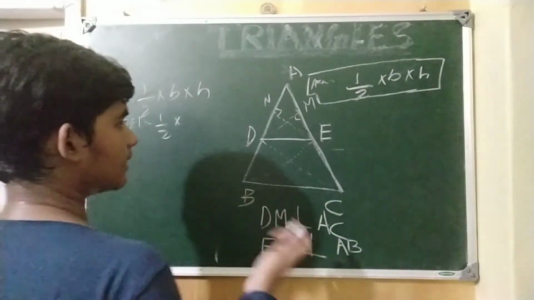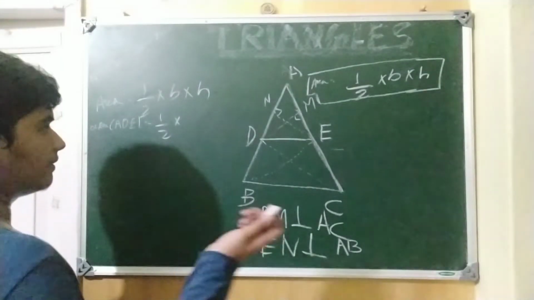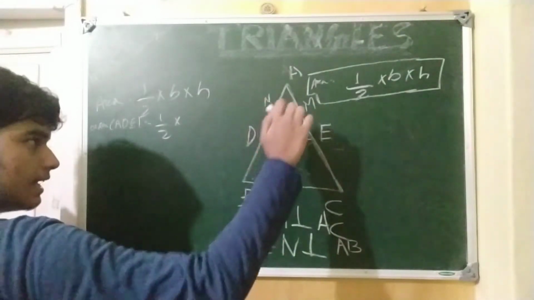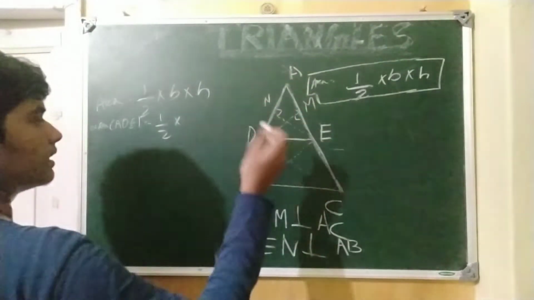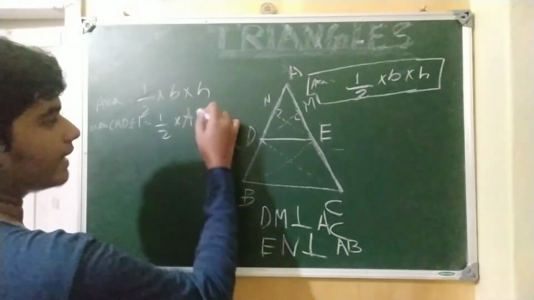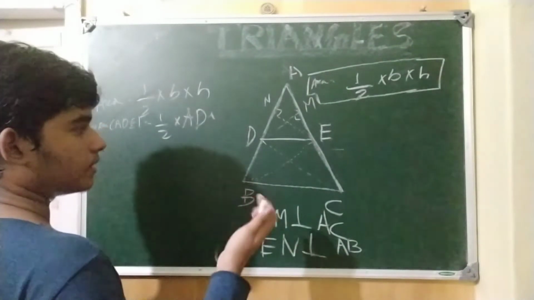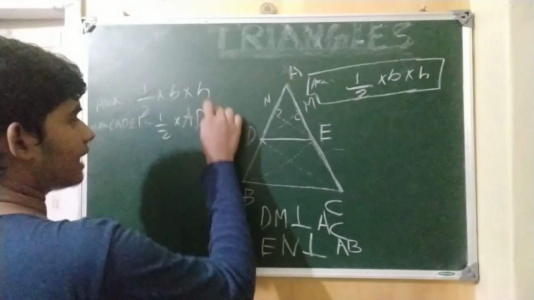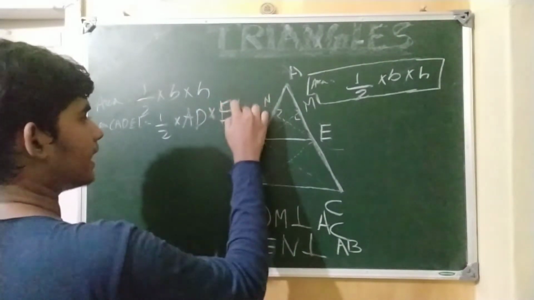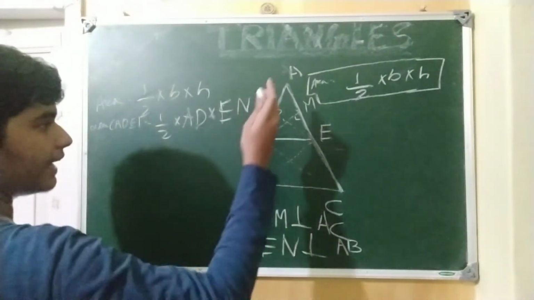Let's say this is the base, AB, into height. Like I said in the previous episode about the basic proportionality theorem, since both sides are parallel, the height should be EN. Now this is the area of ADE.